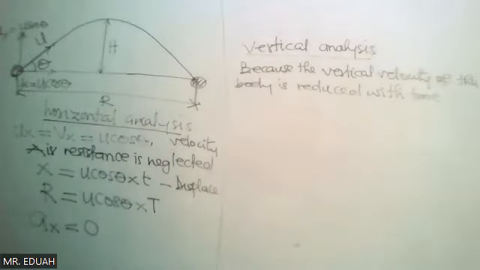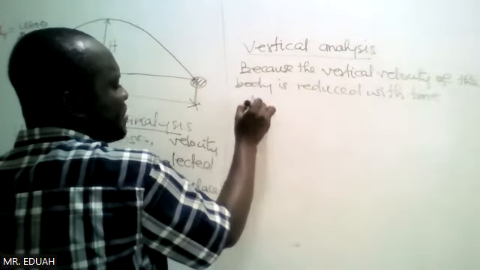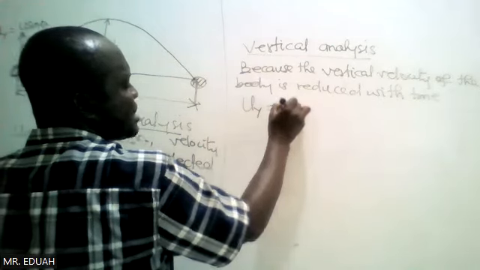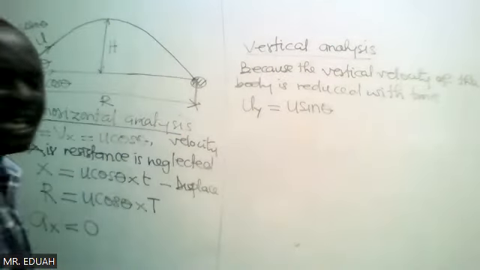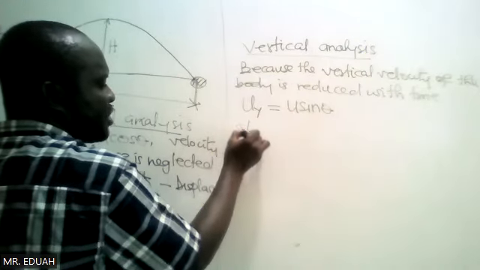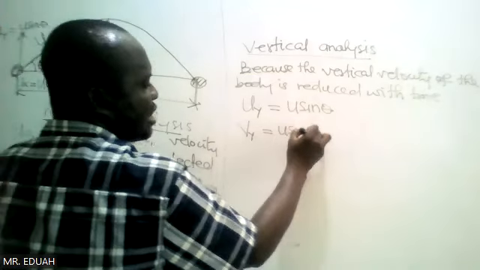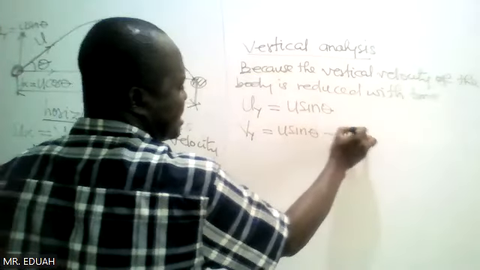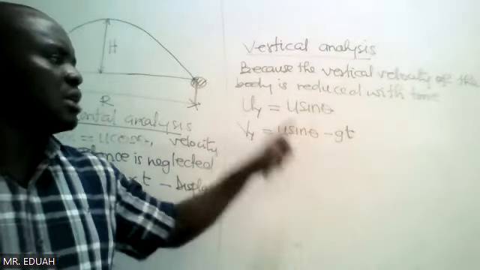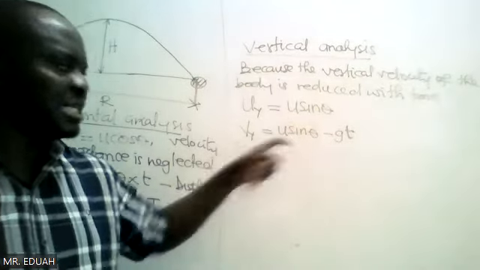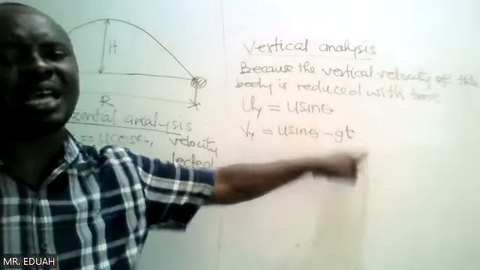So it decelerates. The initial vertical velocity, uy, is u sine theta. But after any time t, the vertical velocity becomes u sine theta minus gt, meaning as time increases, this velocity decreases. This is the expression for the vertical velocity after any time t.